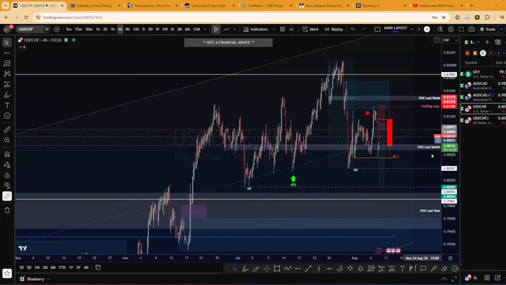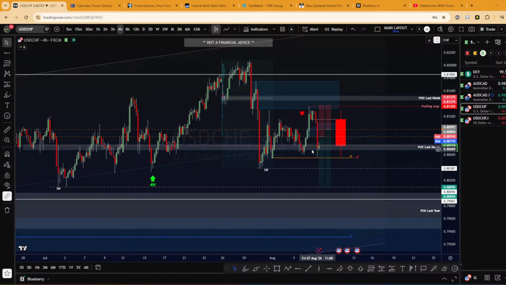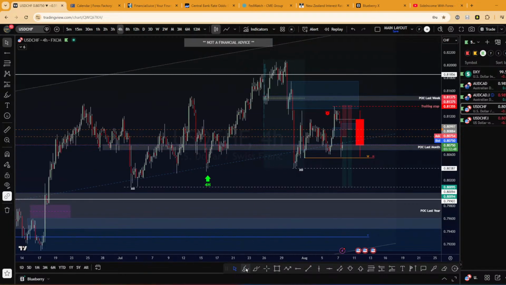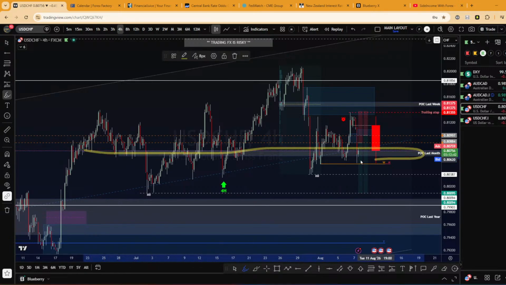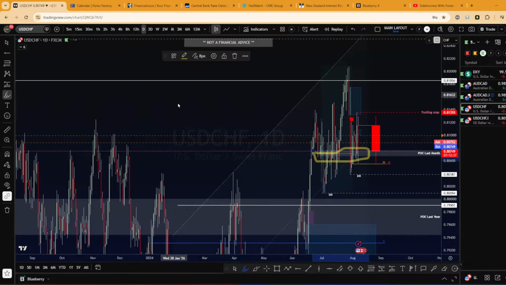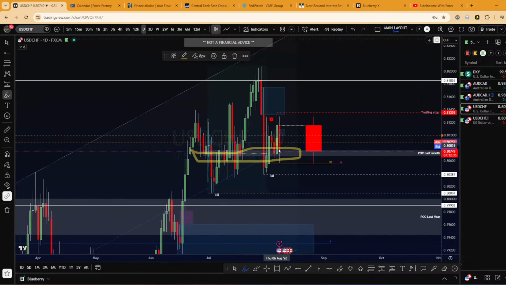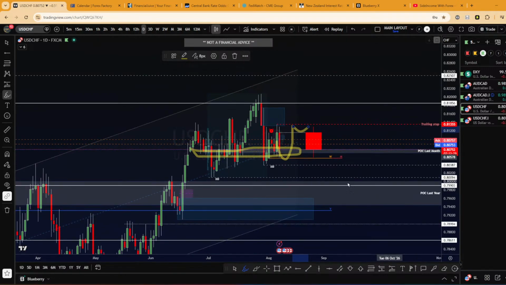So having a continuation from this level, which looks like a nice support, you see, this gray zone, some sort of support if I go even higher time frame. So having a rejection, buyers coming from this zone is not a surprise because the higher time frame is bullish.